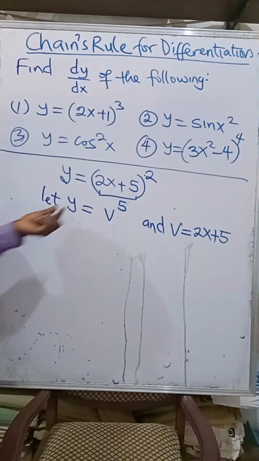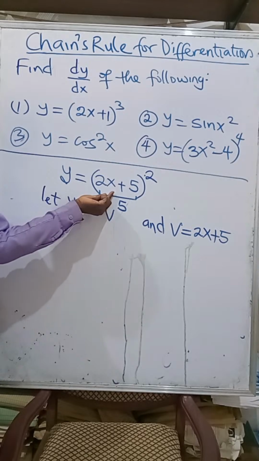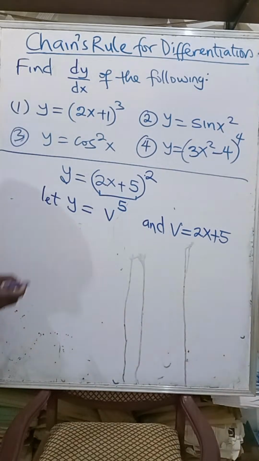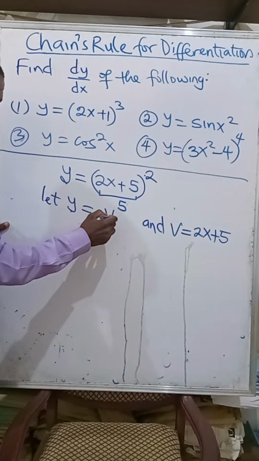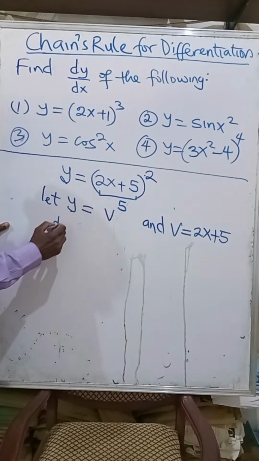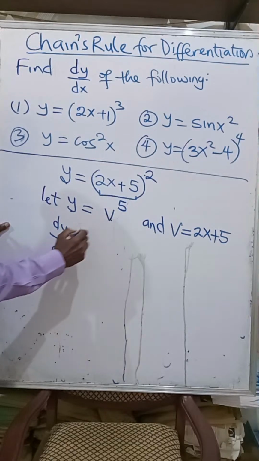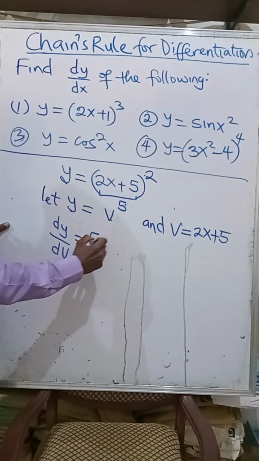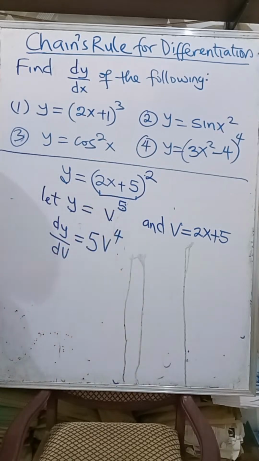The composite function, the inner function, we call it v. So in this case now, y is a function of v. So dy/dv, differentiate this one with respect to v. The 5 will go to the front, and then v to the power 4.